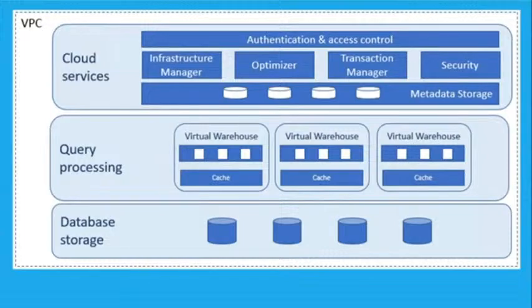So this query processing layer is a hardware component which can be called a virtual compute warehouse. Fine. Just as your database storage is a storage component, the virtual warehouse or query processing layer is the compute component, nothing but the hardware component, the combination of RAM, CPU, motherboard, everything.